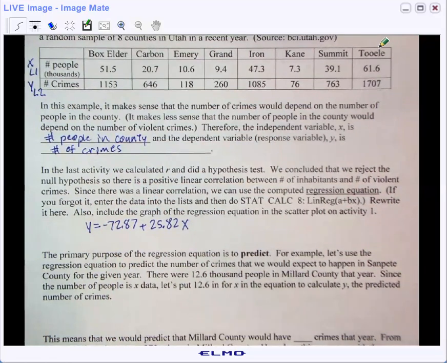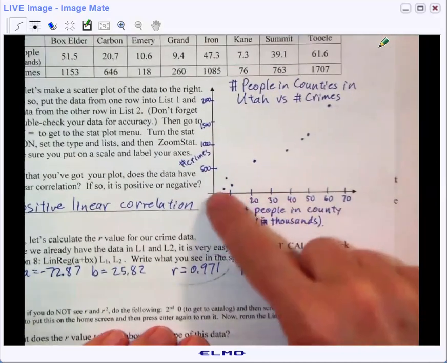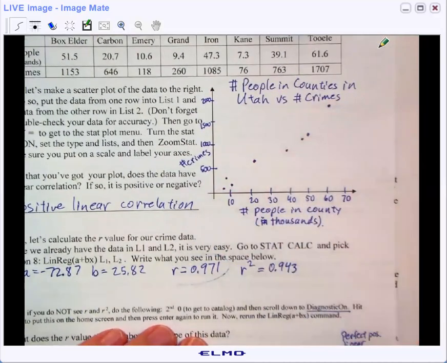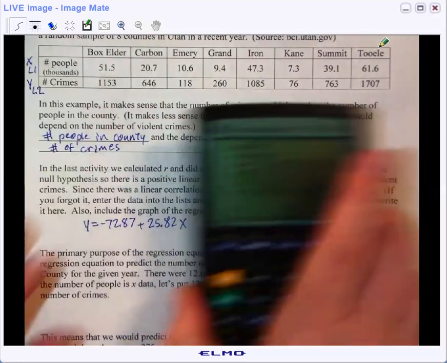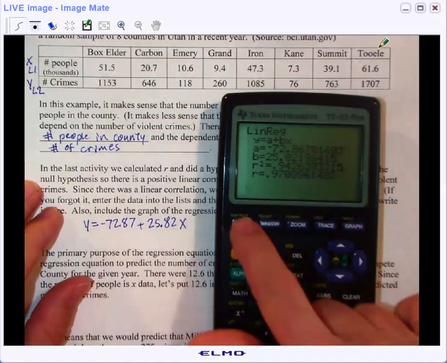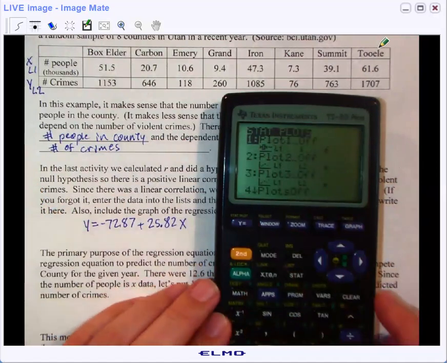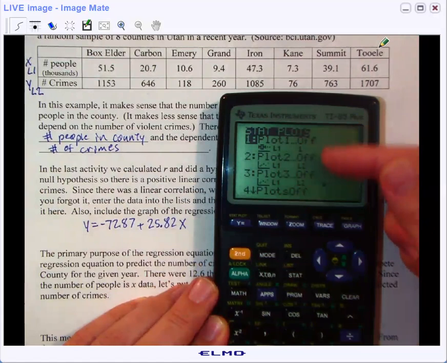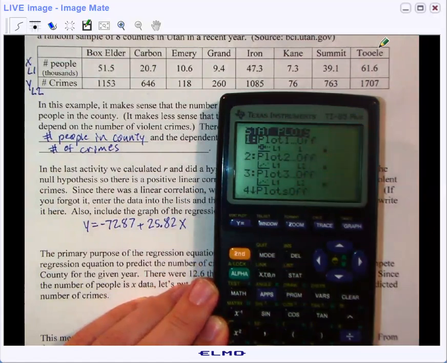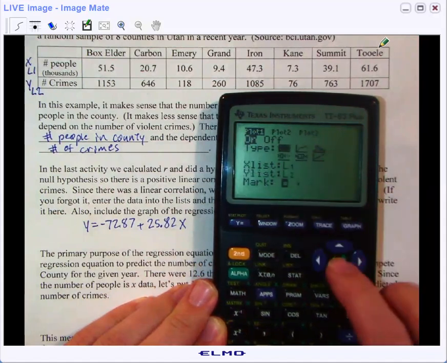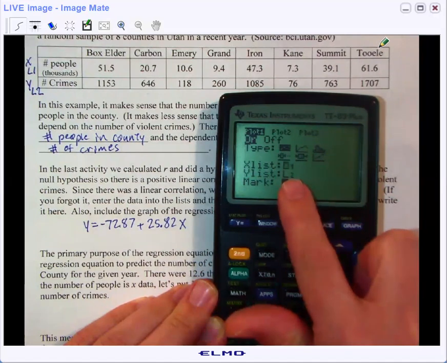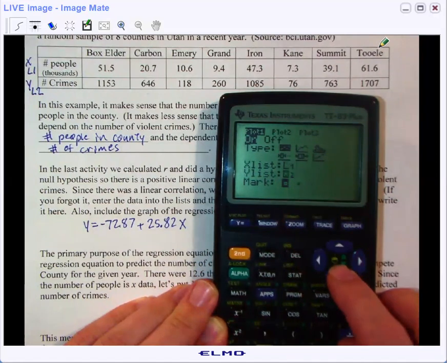So let's go back to our graph from last time, our scatter plot. We saw that it looked like a line here. Let's get a little help from the calculator. Let's go to second Y equals to get to the stat plots menu. Currently all my stat plots are off, so I want to turn one and only one of them on, and make it look like a scatter plot where my X data is in list 1 and the Y data is in list 2.